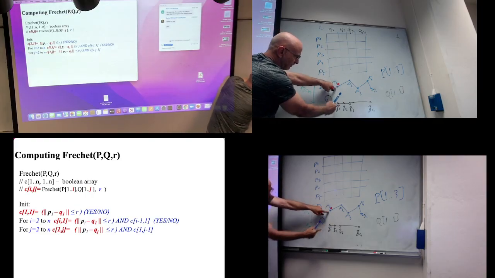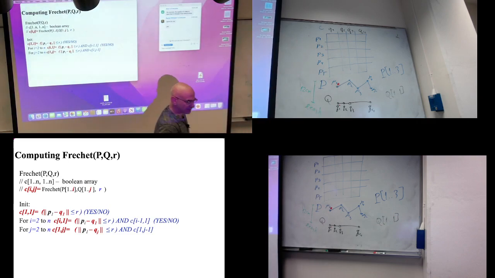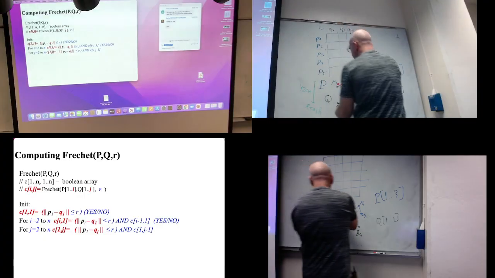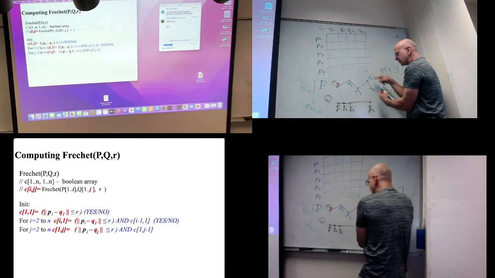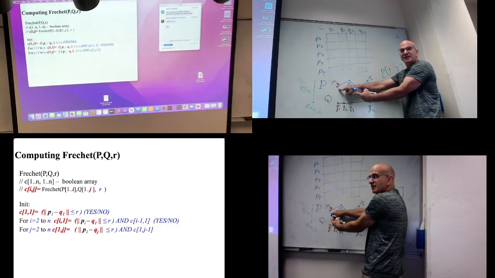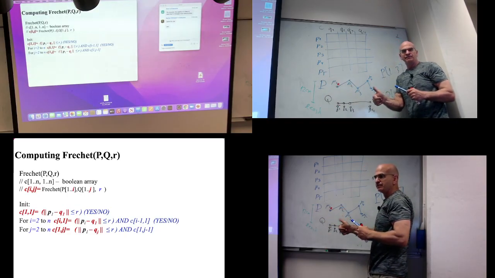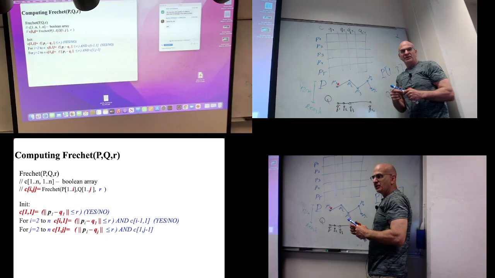Look at the distance between P1 and Q1. Good enough, right? Less than. That is, if the only goal of the man and the dog is not to walk all the way to the end, but just to stop at P1 and Q1, that's a final destination. It's a starting destination, but also the final one. Then the length of this leash will do. Everybody agrees?